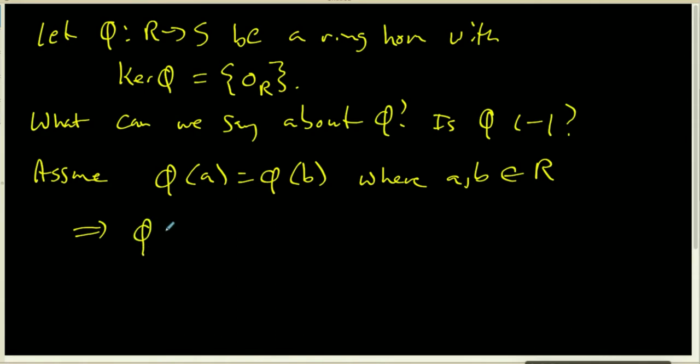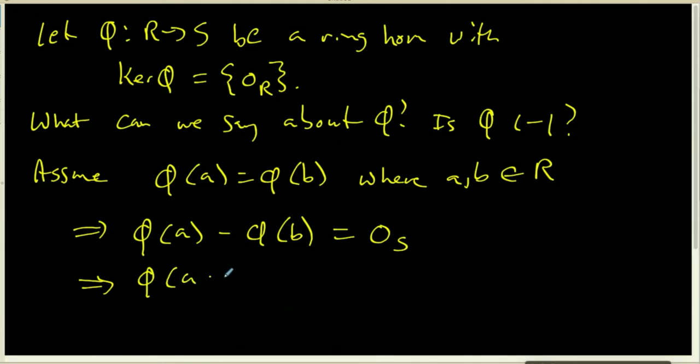So I know that phi of A minus phi of B is equal to the zero inside ring S. But that's enough to let me know that phi of A minus B is equal to the zero in S, and I know this because phi is a ring homomorphism.